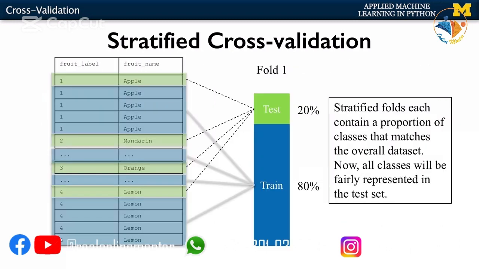For example, if you look at our fruit data set, it happens that all the labels for classes 1 and 2, the apples and the mandarin oranges, come before classes 3 and 4 in the data file. So if we simply took the first 20% of records for fold 1, which would be used as the test set to evaluate model 1, it would evaluate the classifier only on class 1 and 2 examples and not at all on the other classes 3 and 4, which would greatly reduce the informativeness of the evaluation.